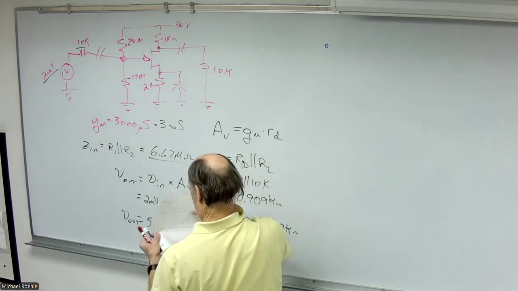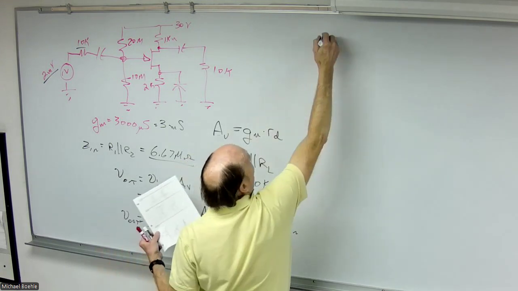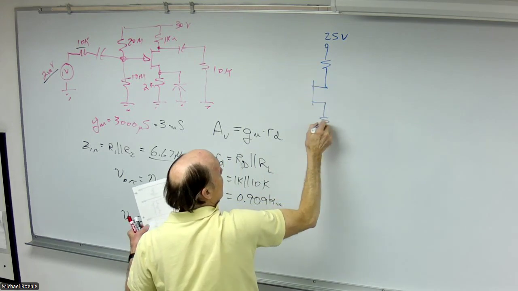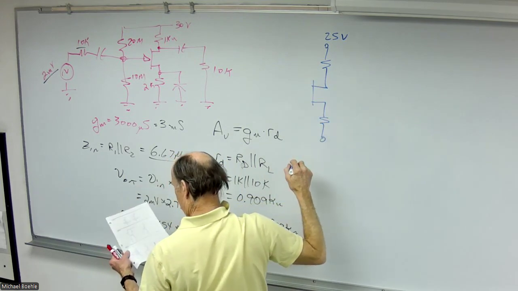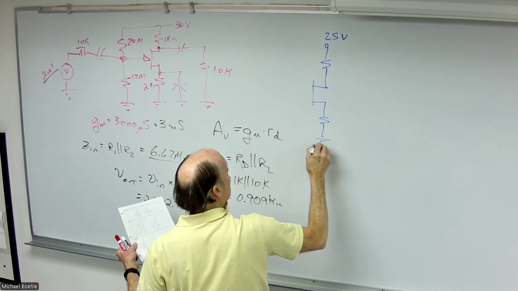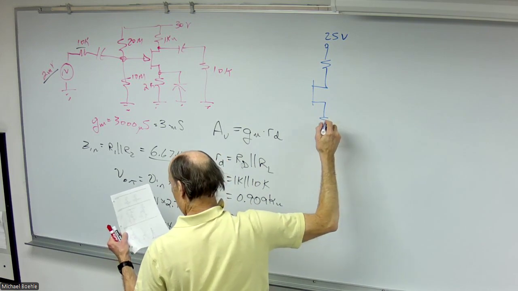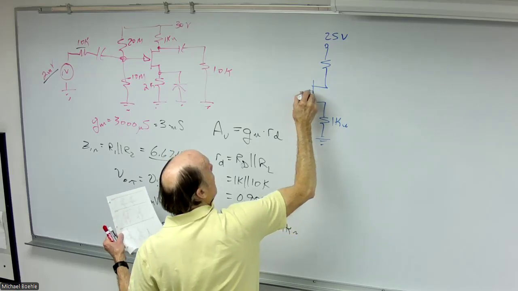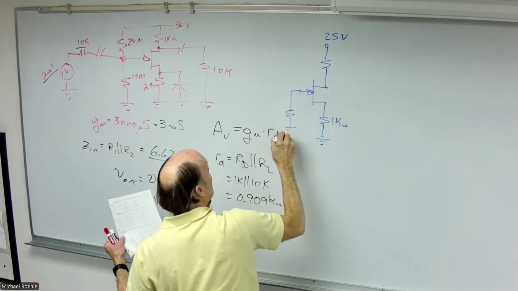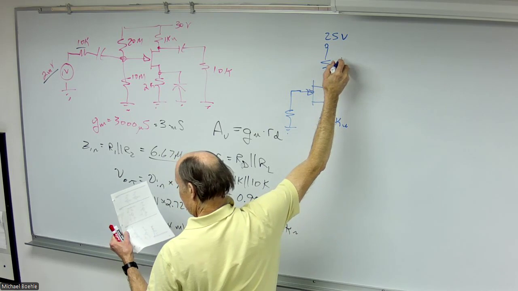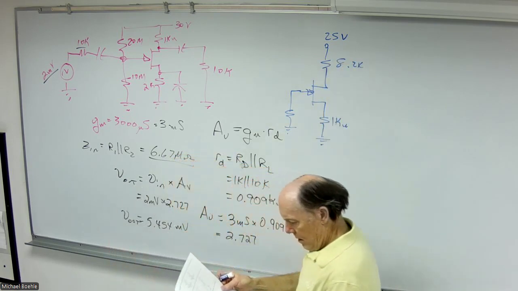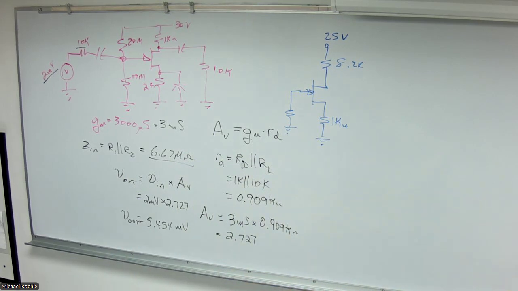So we've got 25 volts and 1K. There's a 1.5 meg resistor on the gate, but I'm not going to worry about that.